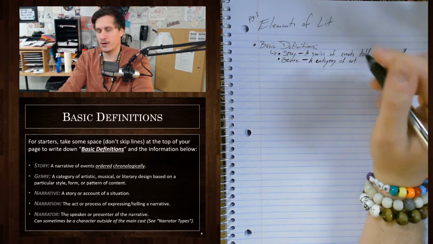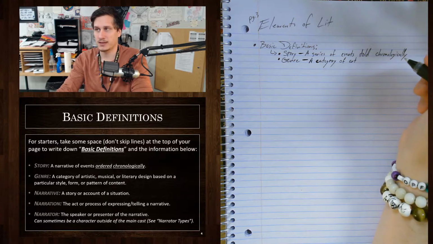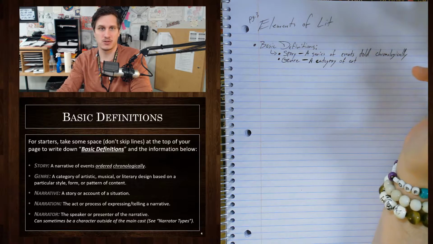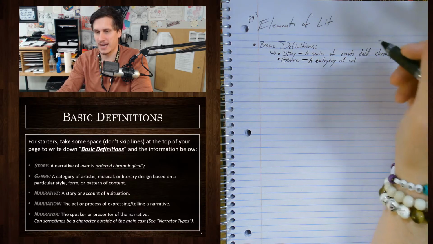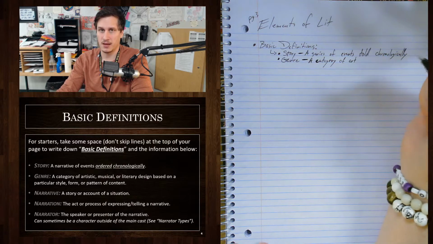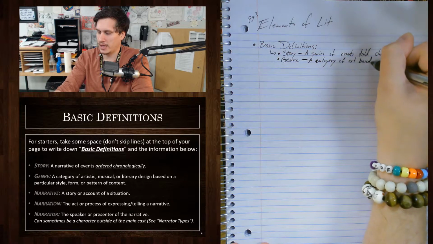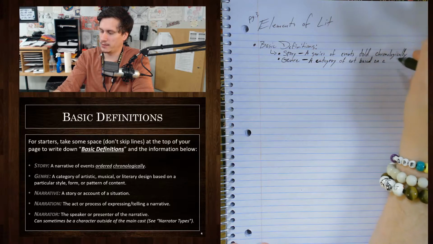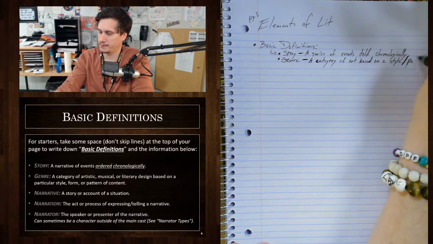It's a category of art that is based on a particular style or pattern. So basically, when artists, authors, musicians, whatever you want to say, when those people create patterns in things and they are repeated, eventually this becomes a genre. So it's a category of art based on a style or pattern.